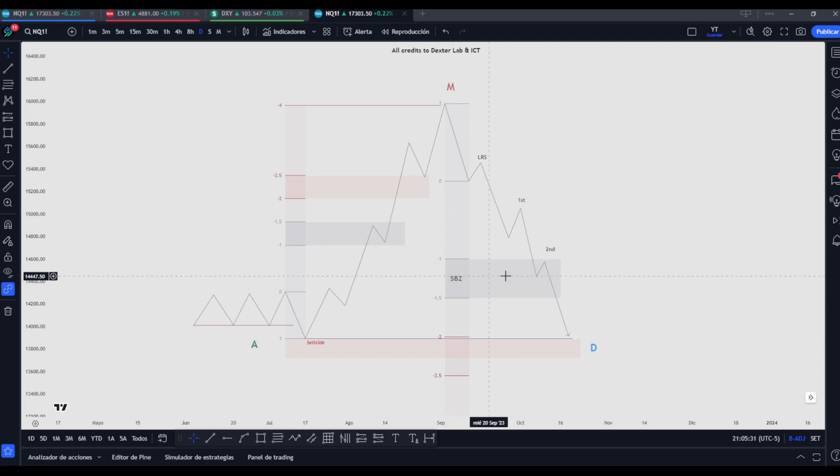So it's a very safe zone. So we just need to wait for our retracement to then take our entry. We could be searching for some buy stops, some inefficiency, or some OTE. Usually OTE will be rare in this zone, but you can also have an eye on that.